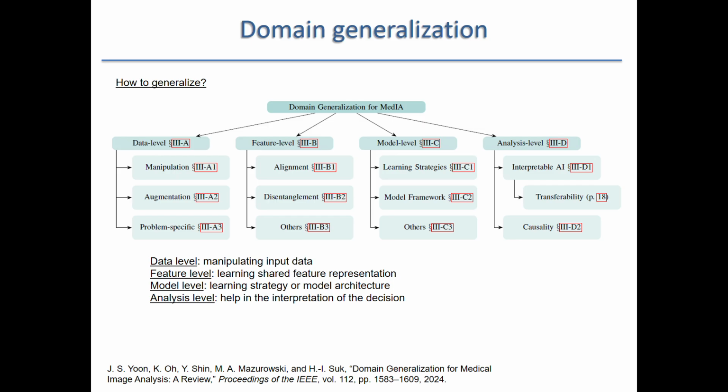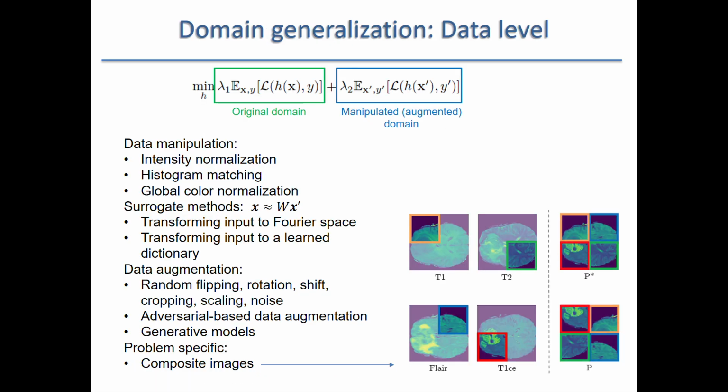So the first one is data level, so manipulating the input data; the feature level, so that we have a shared feature representation that is useful for multiple tasks; or model level, so somehow having a learning strategy or a model architecture that helps us to learn better and to generalize to other input datasets; and the analysis level, that we will keep for later.